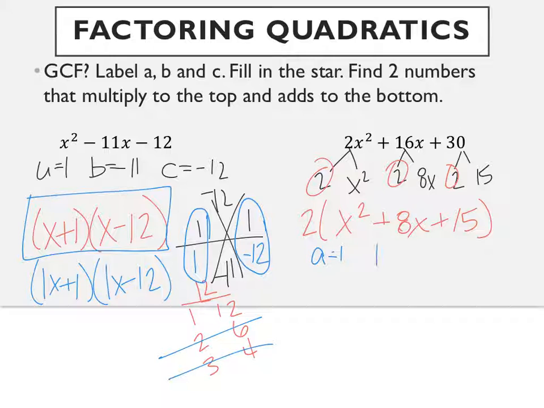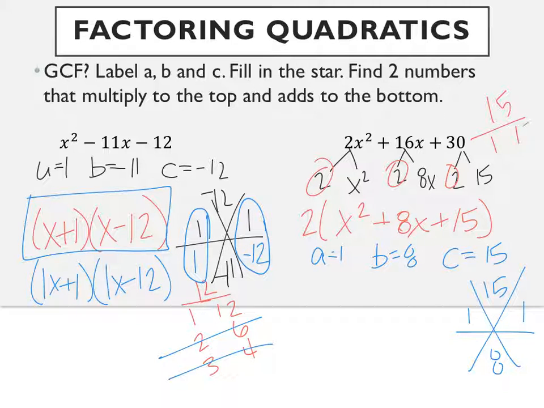So again, a is 1, b is 8, c is 15. So a times c is at top, so that's 15, and b is on bottom, that is 8, and 1 on the two sides. So anything that multiplies to 15 is 1 and 15, and 3 and 5. That's really it.